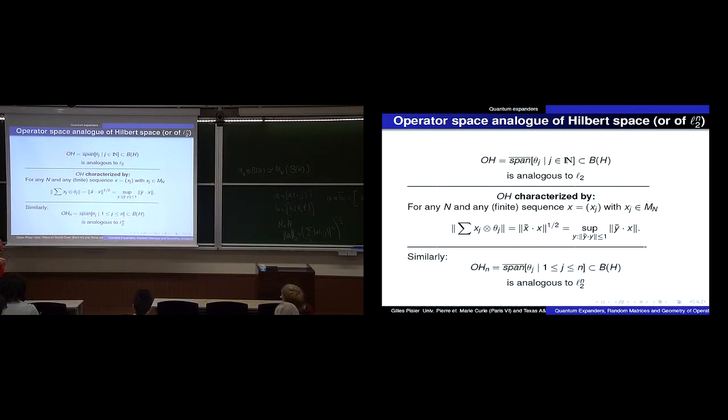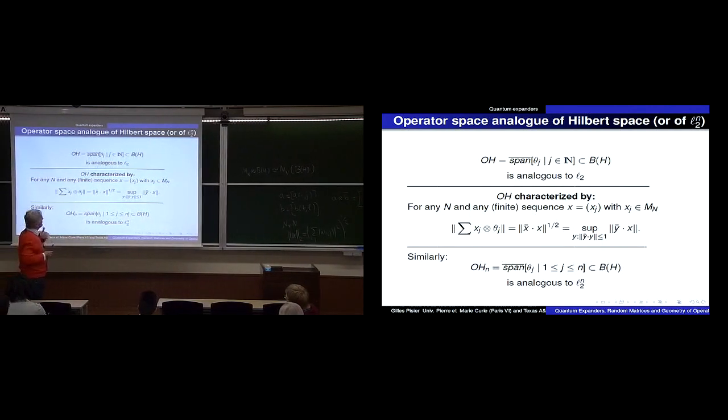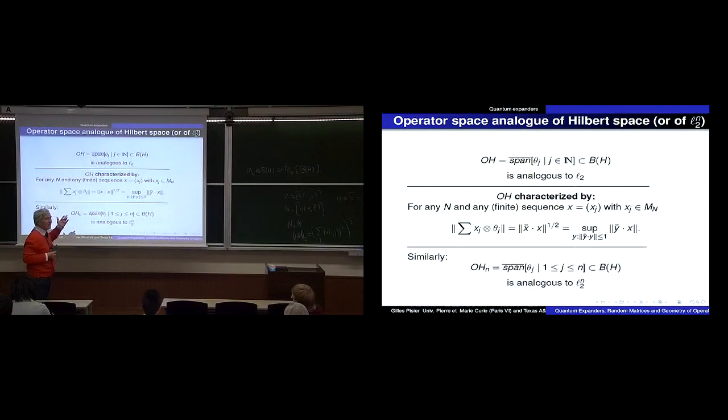Just a reminder, what was theta j? Theta j exists. I'm now asserting a fact: there is a sequence in B(H) that satisfies this. One can prove this; it turns out to be fairly easy. So there is a space which I call OH, which is the linear span of this sequence, and which is in some sense characterized by this property.